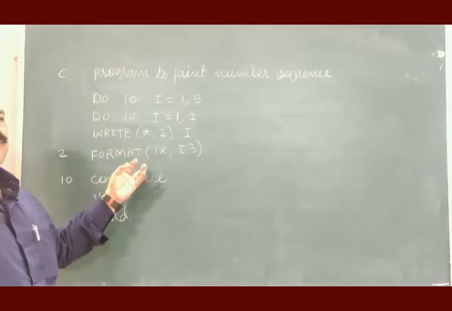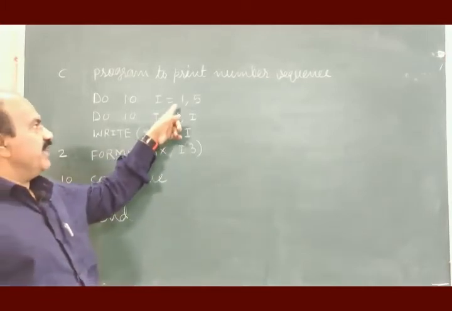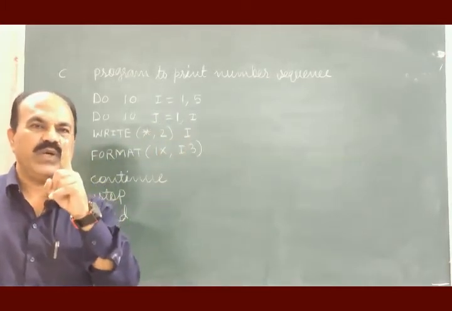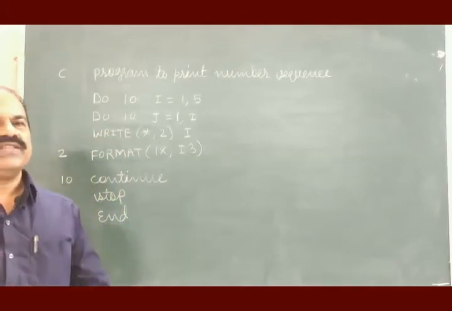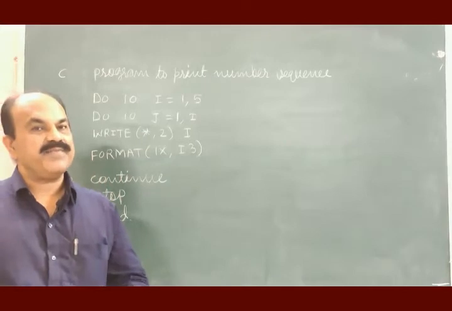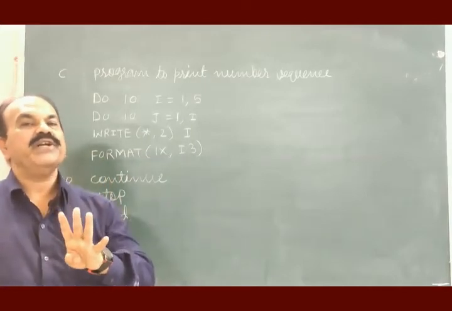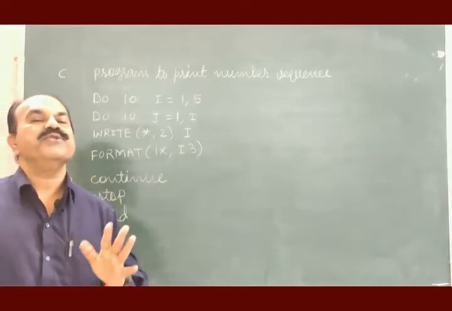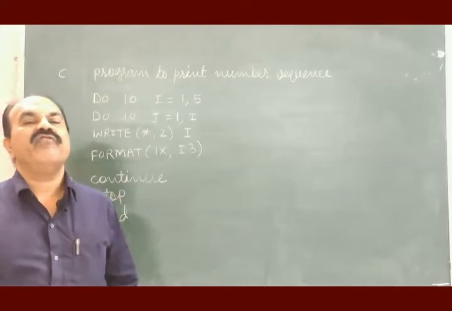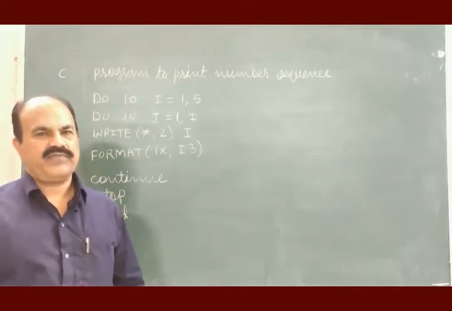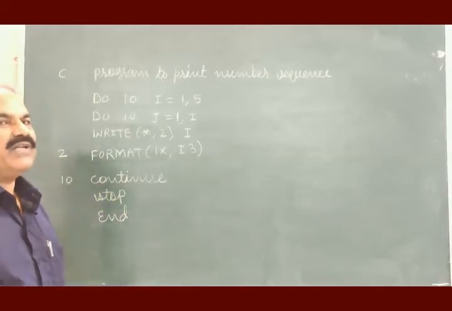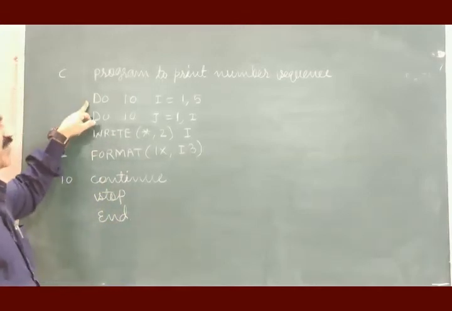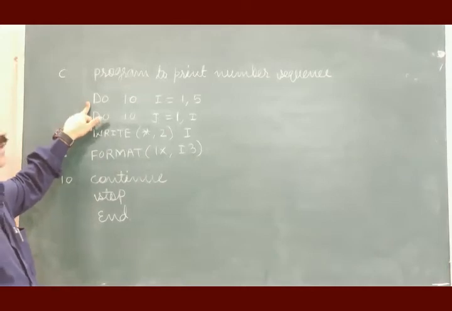Here I have written the program such that 1 is to be printed only once, 2 is to be printed 2 times, 3 is to be printed 3 times, 4 is to be printed 4 times, 5 is to be printed 5 times, of course on the same line. For that purpose, I have set an outer do loop.